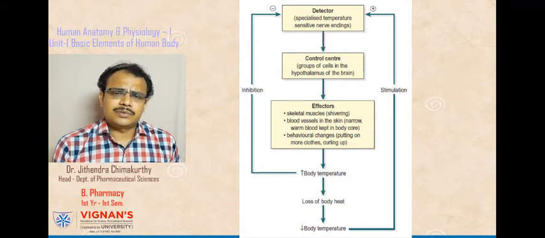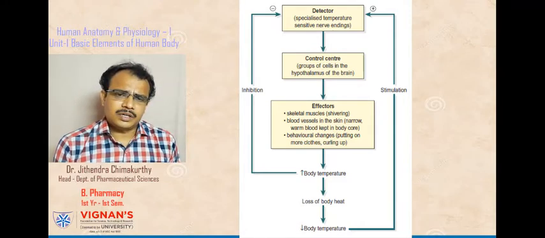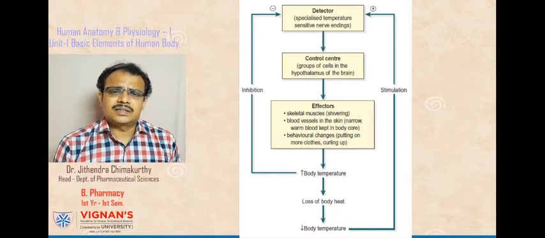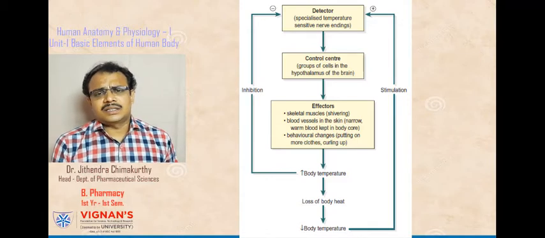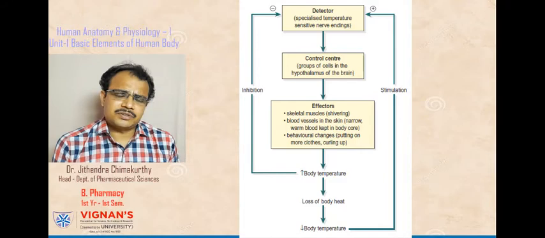Once there is a rise in body temperature, this will inhibit the process of stimulation of the hypothalamus. If there is a rise in body temperature followed by loss of body heat, and once again there is a fall in body temperature, this once again stimulates this mechanism. In this way, the negative feedback mechanism will regulate the homeostasis of temperature within the body.